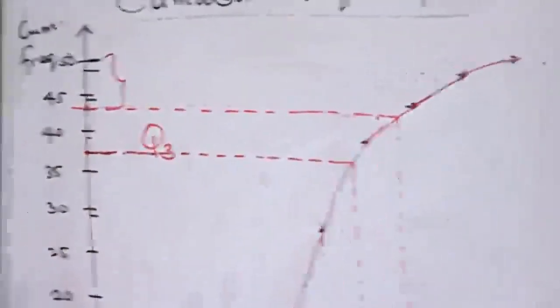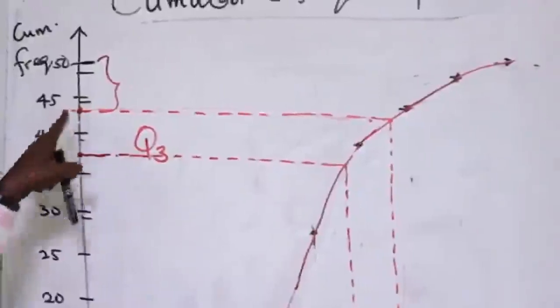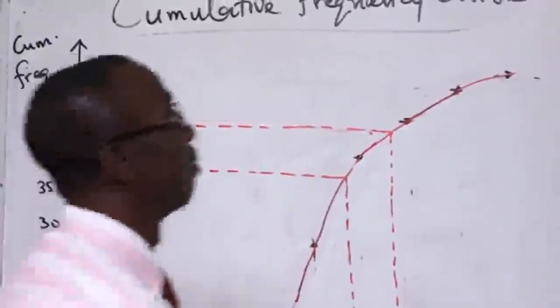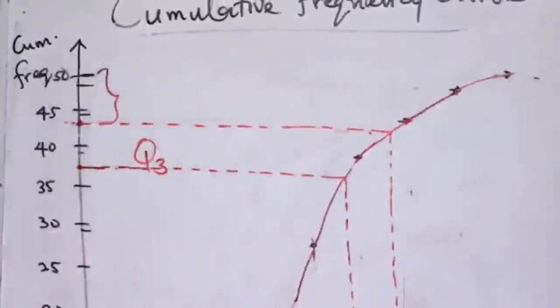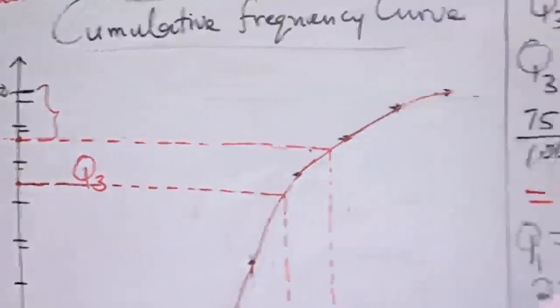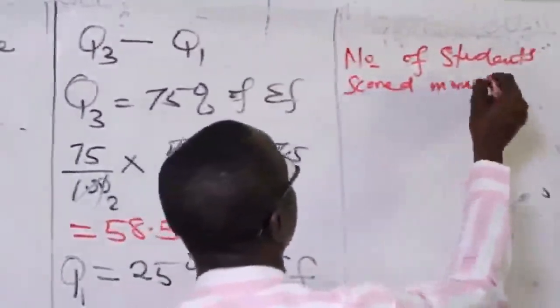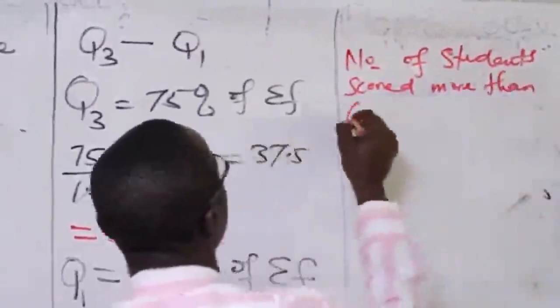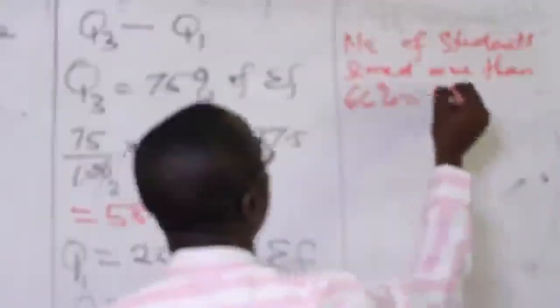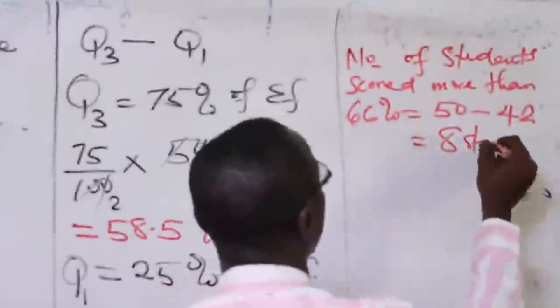What do you have here? 42. So the number of students that scored more than 66% should be 50 minus 42, and that is 8 students.